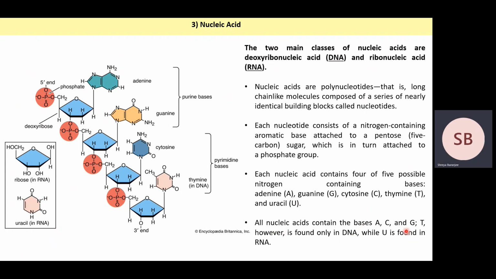All the nucleic acids contain the bases A, C and G; T is found in DNA, while U is found in RNA. And as you know, between adenine and thymine there is complementary base pairing with 2 hydrogen bonds, whereas between guanine and cytosine, there is complementary base pairing with 3 hydrogen bonds.